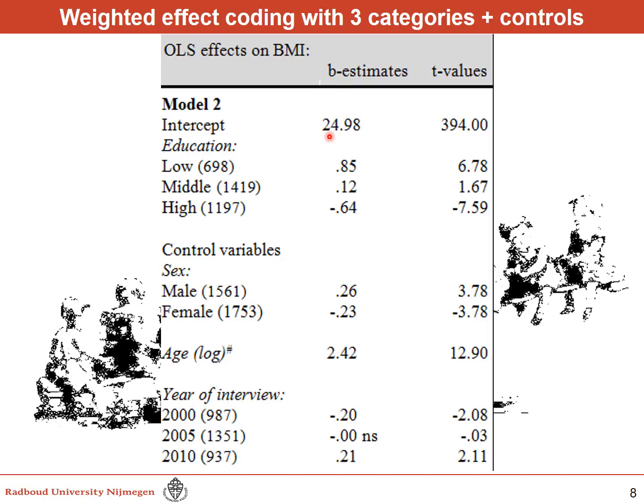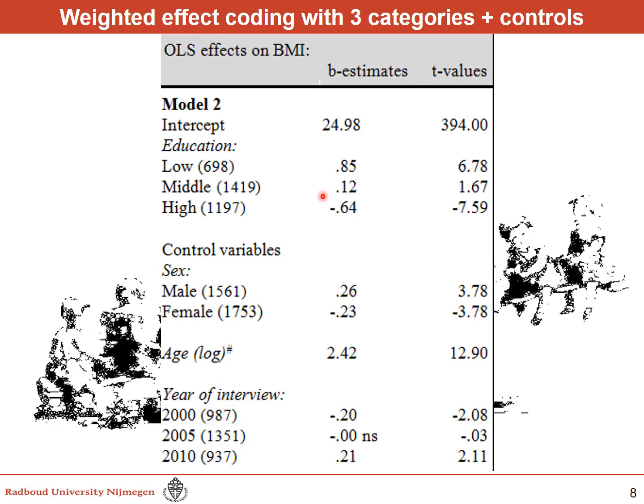The sample mean is still depicted over here. It's still equal to the intercept. I have to add that if you would like to have this number again in the intercept, you have to mean center this variable, and you have to weighted effect code males and females and the year of interview as well. And if you do so, you will get the intercept equal to 24.98.